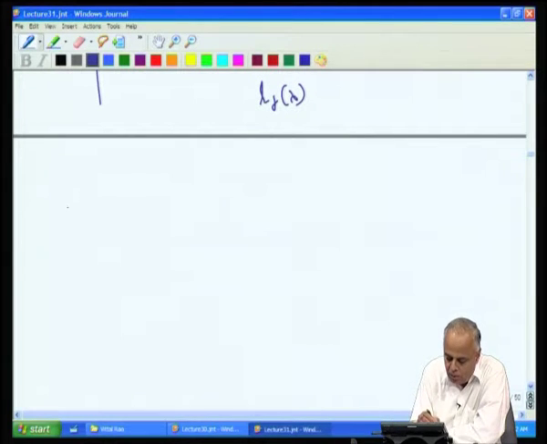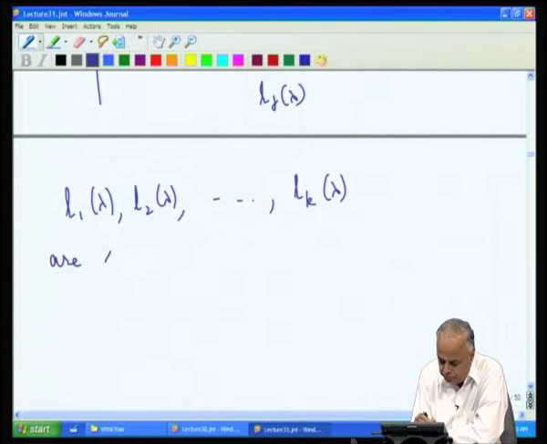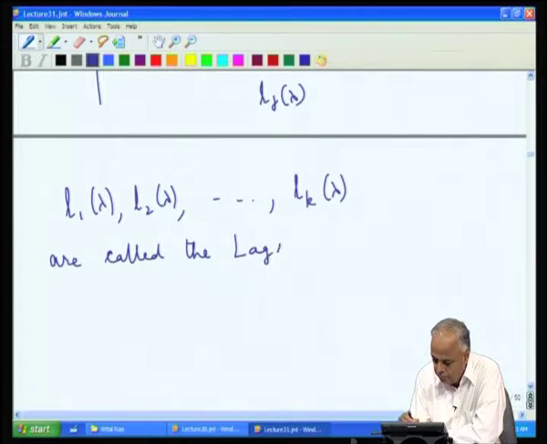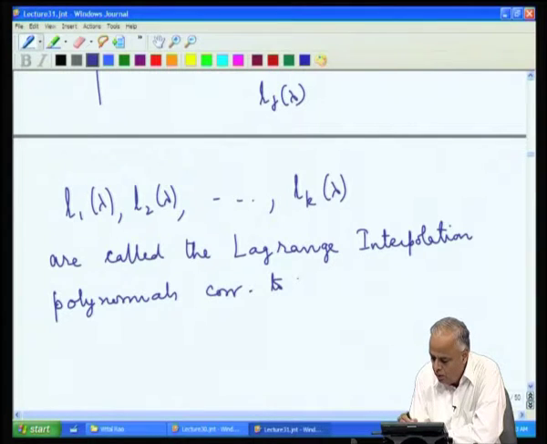So, we have these k polynomials L 1 lambda, L 2 lambda, up to L k lambda. They are called the Lagrange interpolation polynomials corresponding to the points lambda 1, lambda 2, up to lambda k.